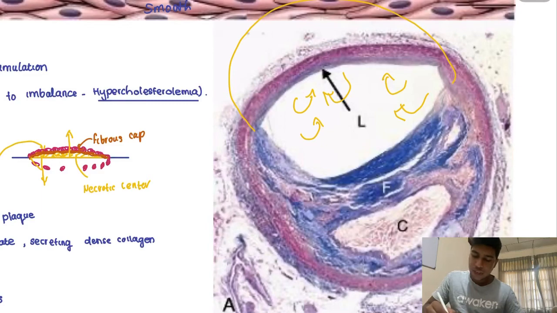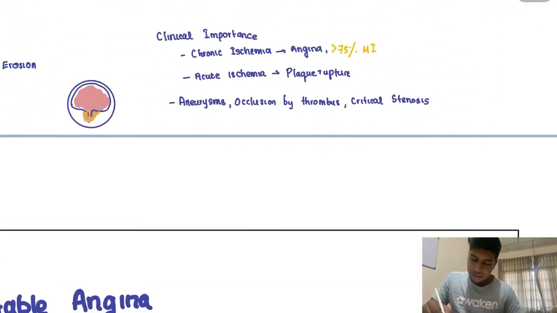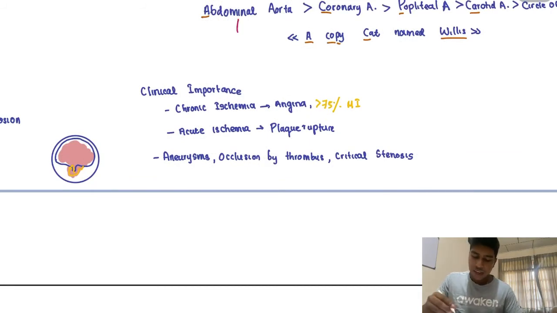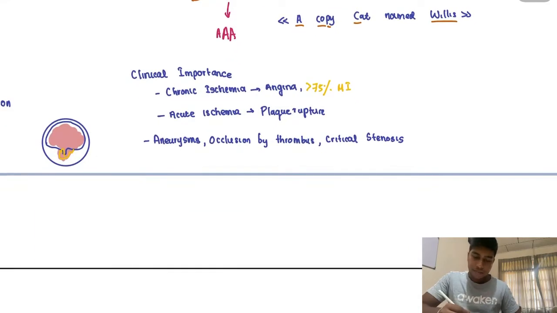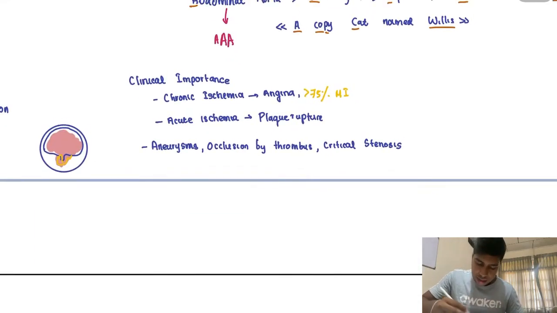Over time, it is going to expand, becoming weaker, and that will cause the formation of an aneurysm, which can burst, which is very deadly. We have a condition called acute abdominal aorta aneurysm.